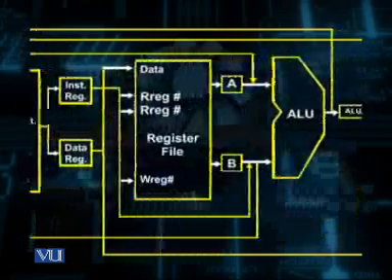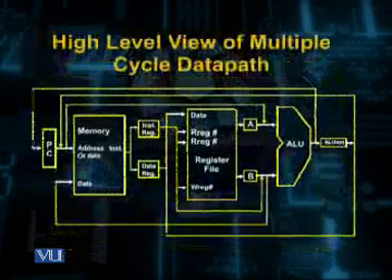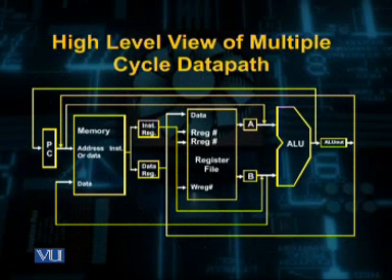Here you can see that a single ALU is shared among the instruction fetch, execute of arithmetic and logic instructions, and address calculation in different cycles. The use of the shared functional unit ALU requires additional multiplexers or widening of multiplexers in order to accept data from different sections of the data path.